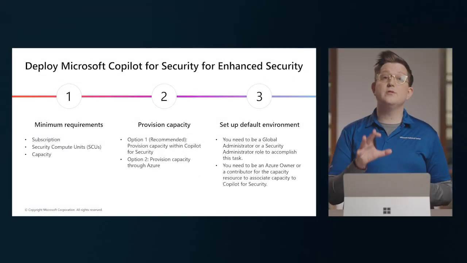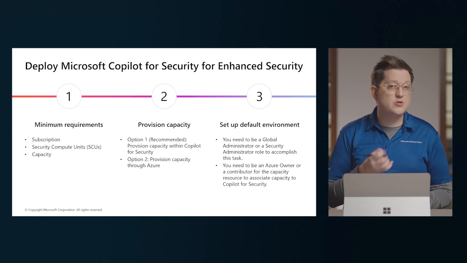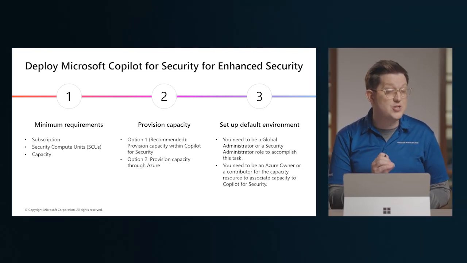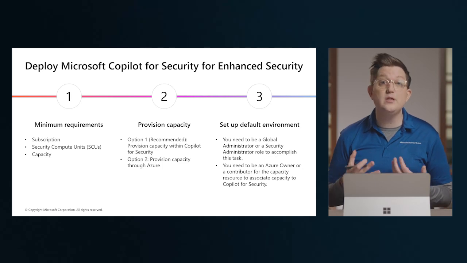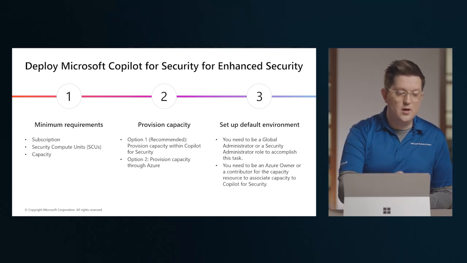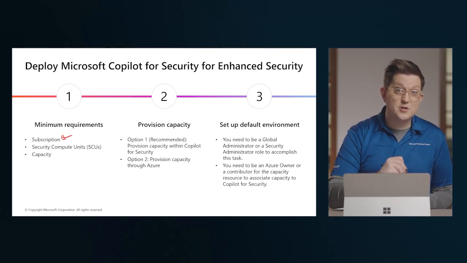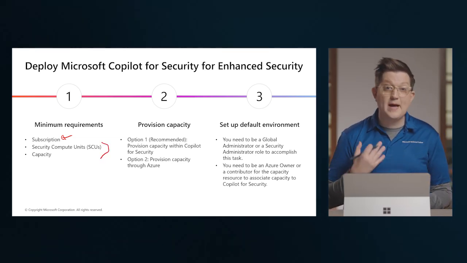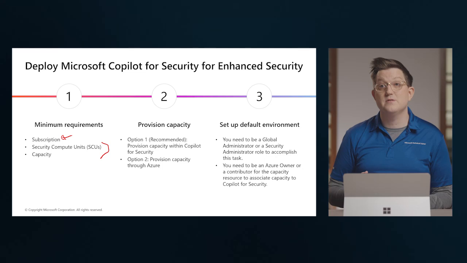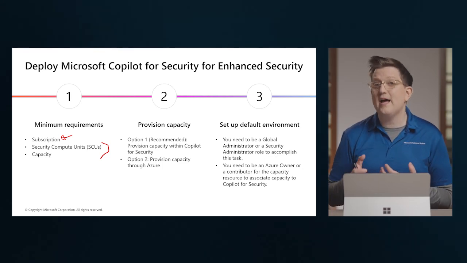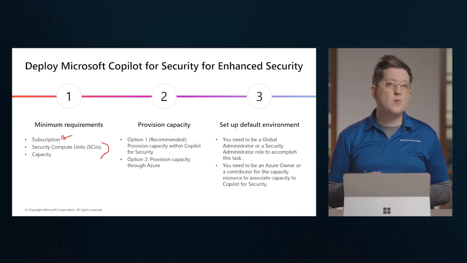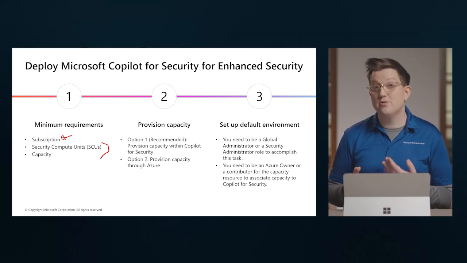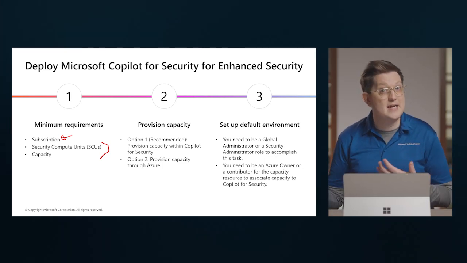So what we do is we give you a way to deploy a specified amount of compute in a specified location to ensure that data is only processed there. You'll require an Azure subscription, and then in that Azure subscription, you will deploy a specified capacity of security compute units. Now, capacity can be difficult to calculate from day dot, but the easiest way is to start small, deploy, see how people are using, and monitor over time and expand as needed.